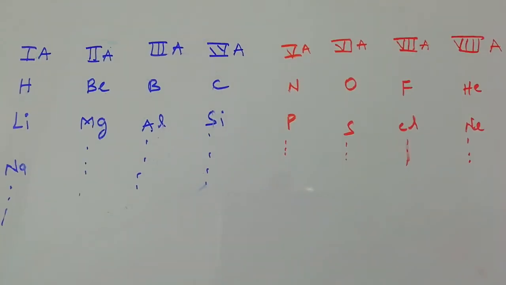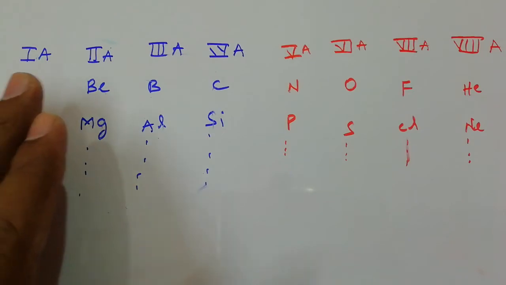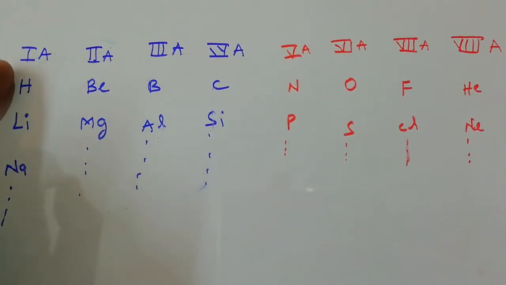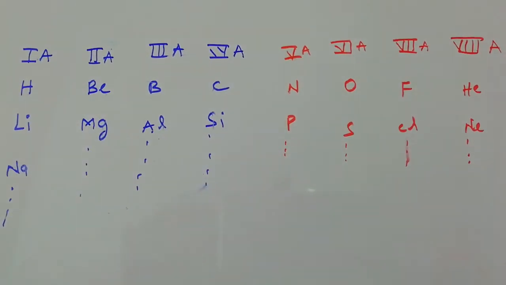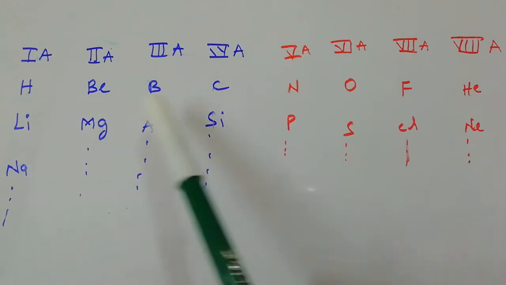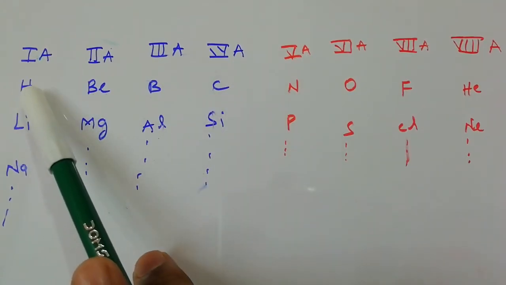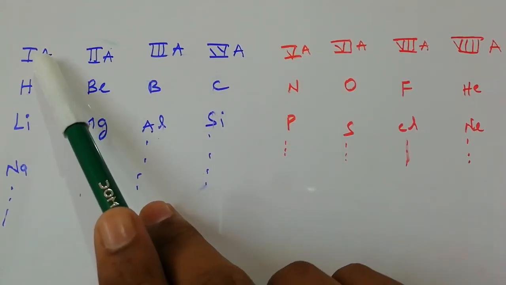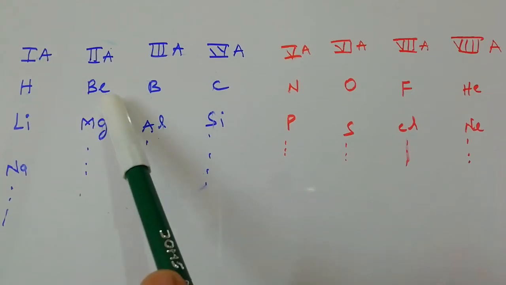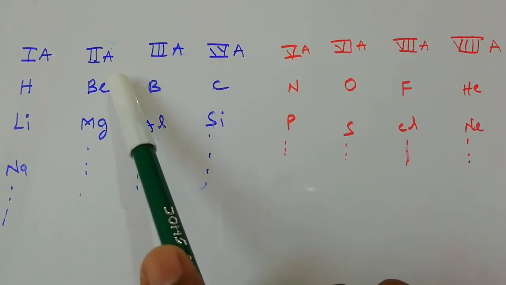Earlier we have seen that the valency of all these elements from first A group to fourth A group is equal to their group number. If you look at hydrogen, its valency is equal to its group number, that is 1. Similarly, beryllium, it is equal to its group number, that is 2.